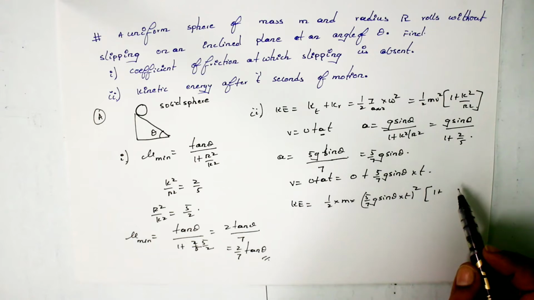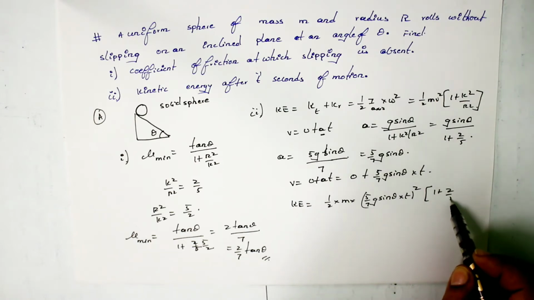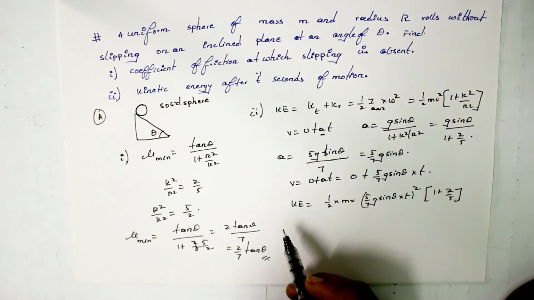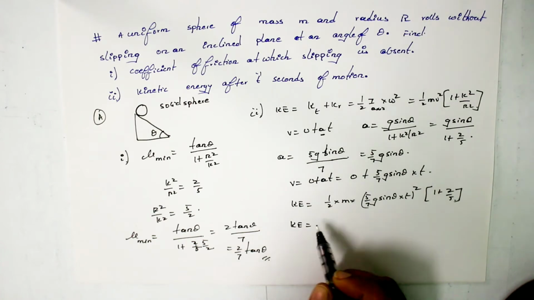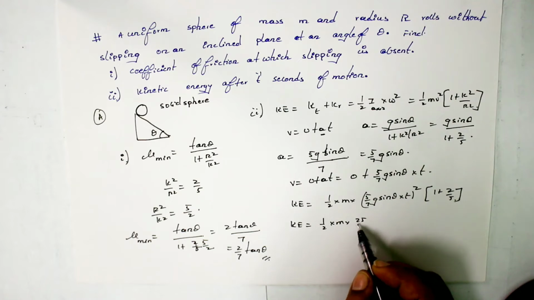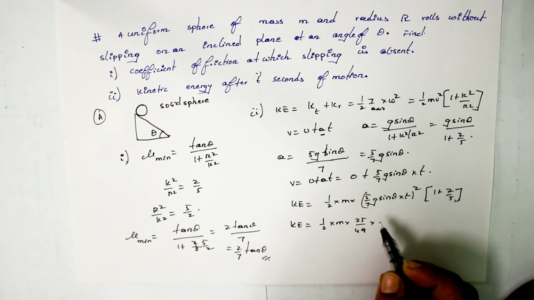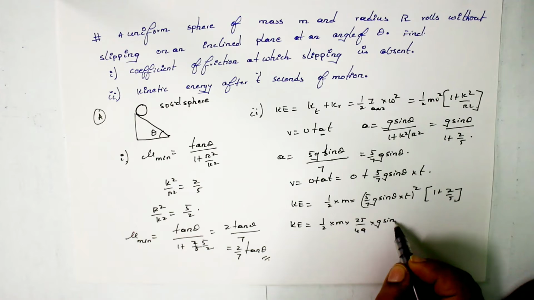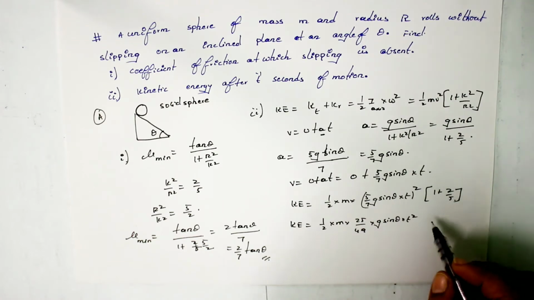K square divided by r square for a sphere is 2 by 5. So the kinetic energy is equal to half into m into 25 by 49 into g square sin square theta into t square, into 7 divided by 5.